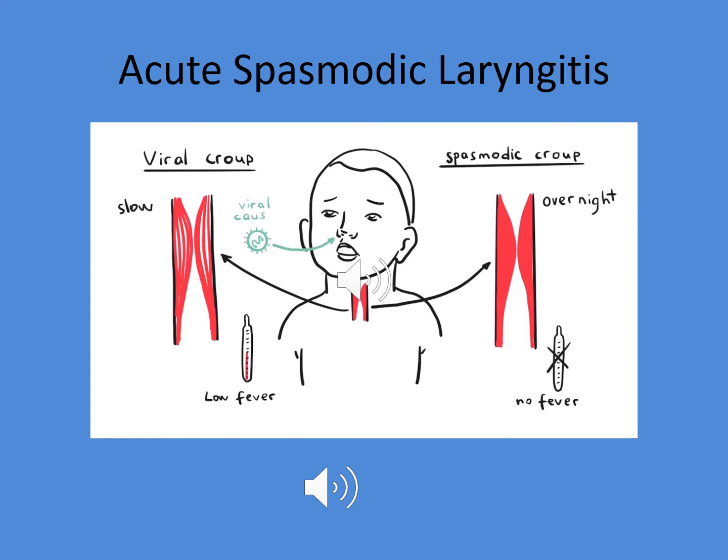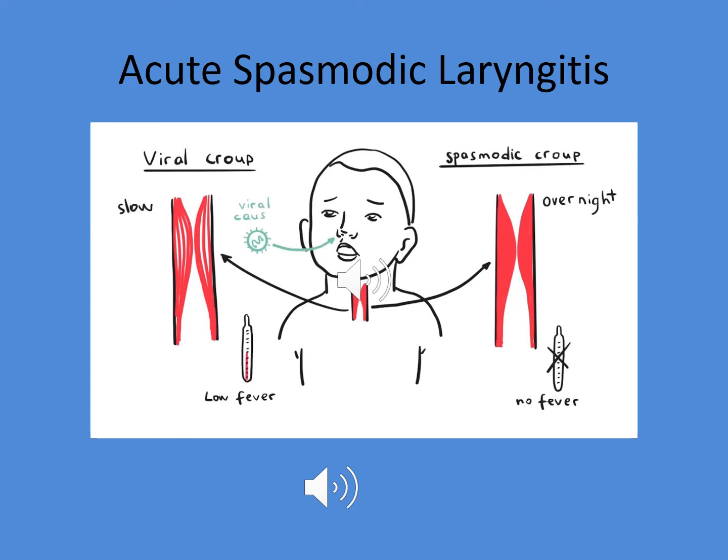Varies per child, but the best thing we actually tell them to do for home management is sudden exposure to cold air. So take these kids out into the cold night air, let them breathe in that cooler air. That'll help reduce the laryngeal obstruction that's occurring, as well as slow those paroxysmal attacks.